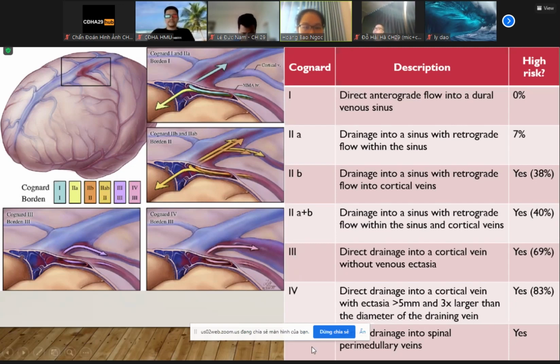For type 5, there is direct drainage into the spinal perimedullary veins. Studies have reported that higher grade patients have a higher rate of aggressive symptoms like hemorrhage or non-hemorrhagic neurological deficits.